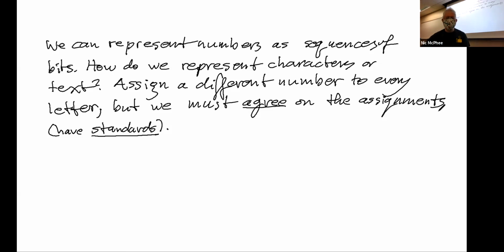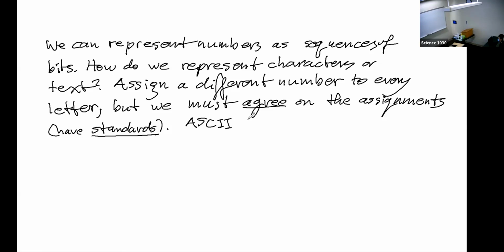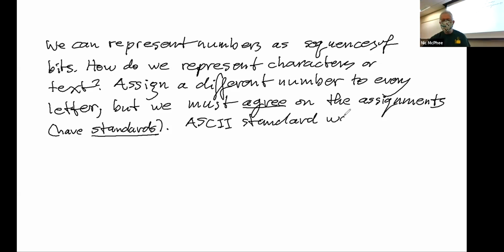And the ASCII standard was used for decades.